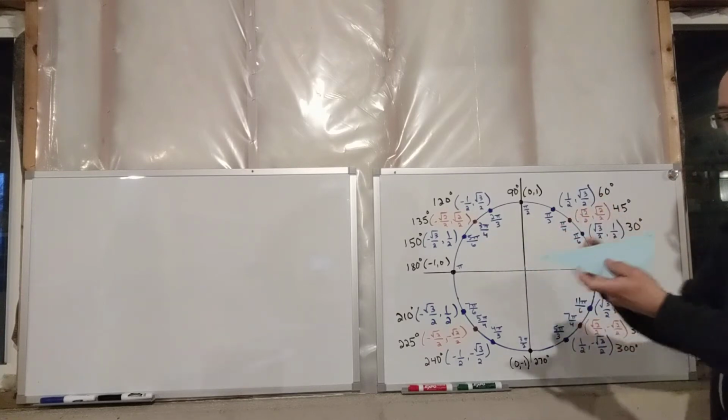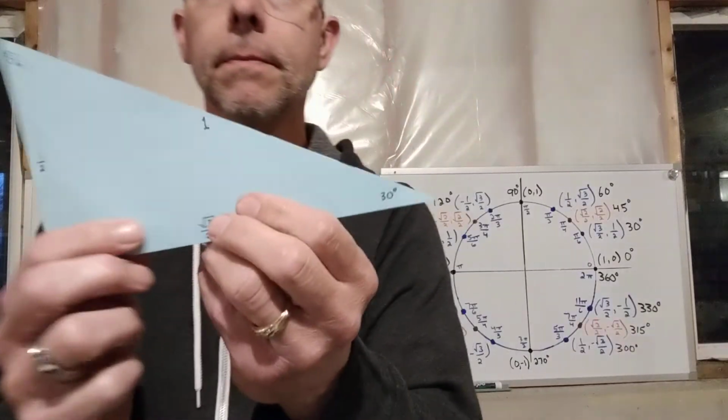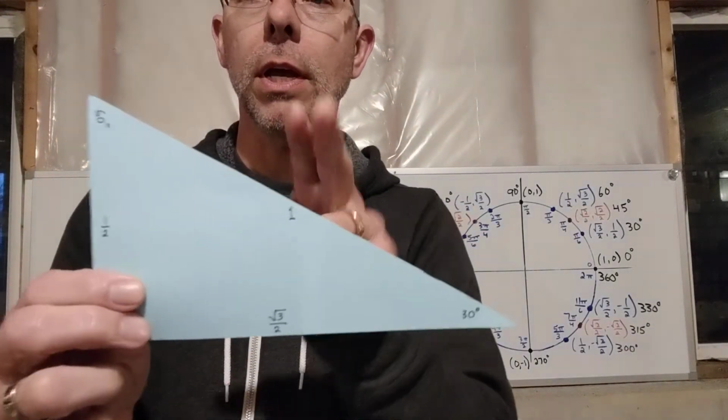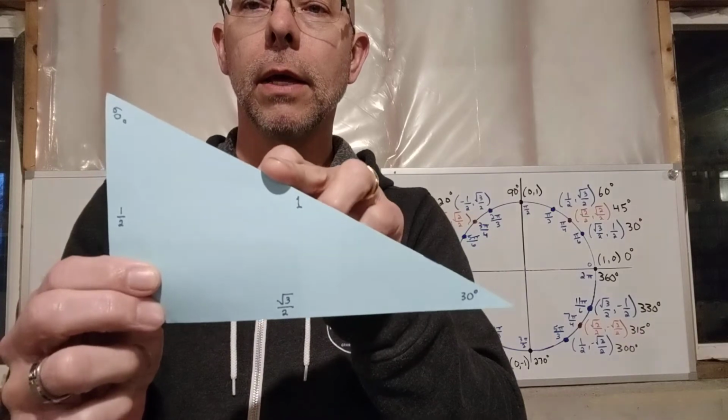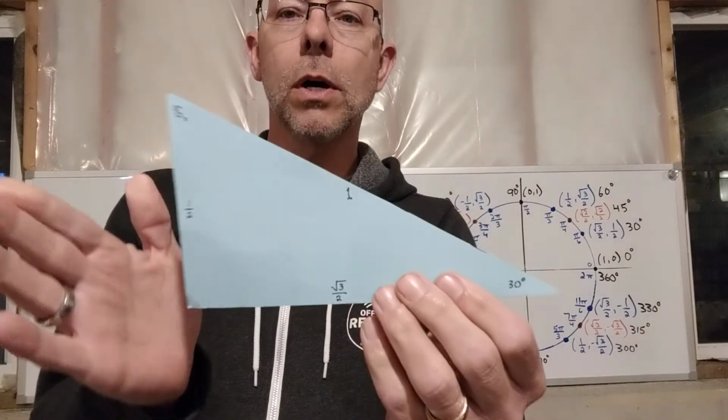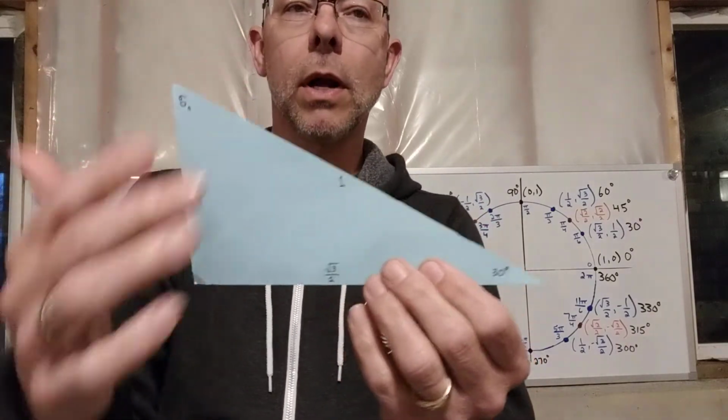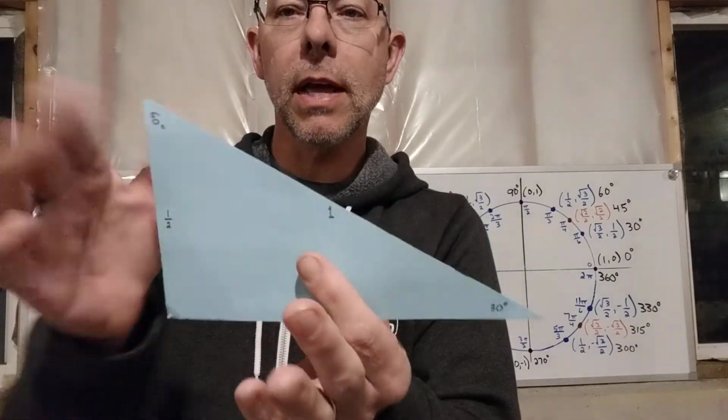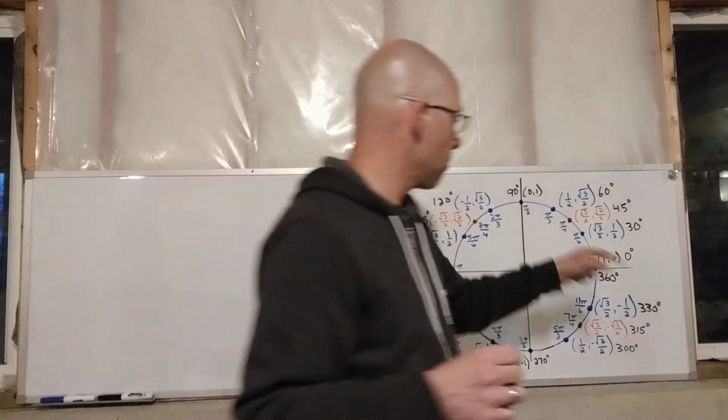Remember, the cosine of 30 degrees was square root of 3 over 2 over 1. The sine was opposite 1/2 over 1. This is my x coordinate. This is my y coordinate over here.